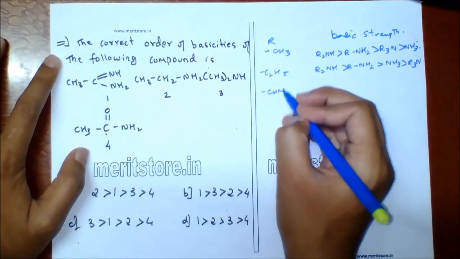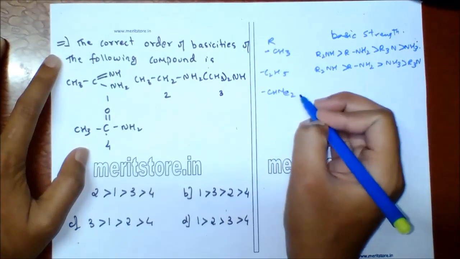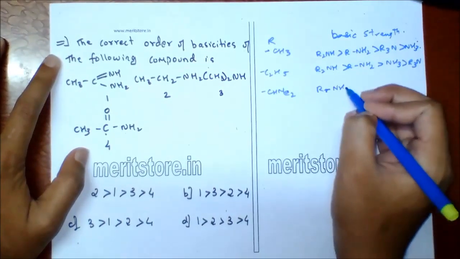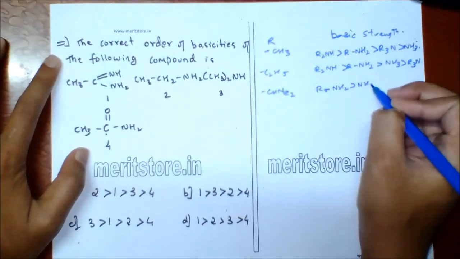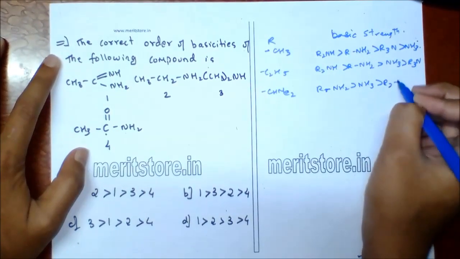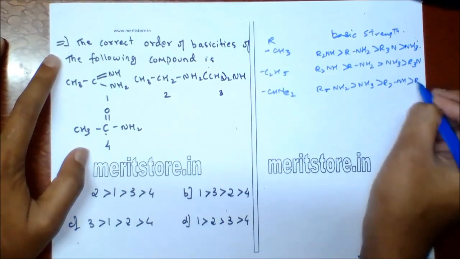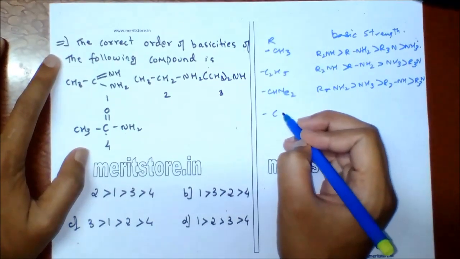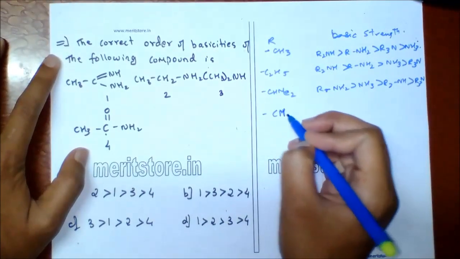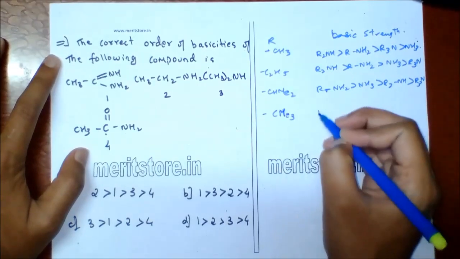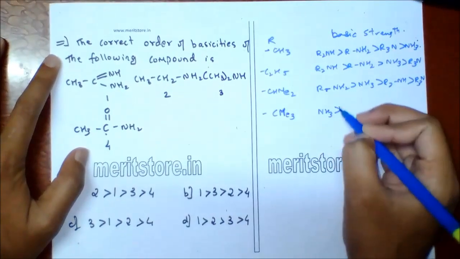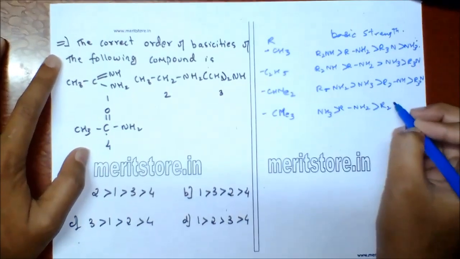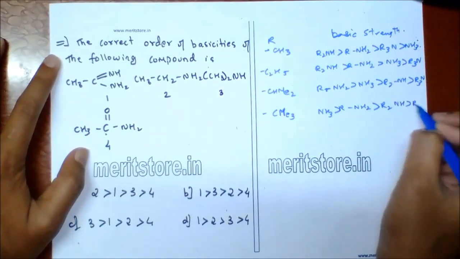When it is CH, dimethyl, the order is RNH2, ammonia, R2NH, then R3N. And when a tertiary carbon with three methyl groups is attached, the order is ammonia, then primary amine, secondary amine, then tertiary amine.